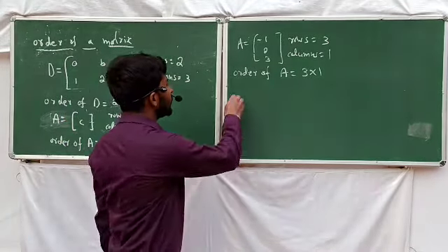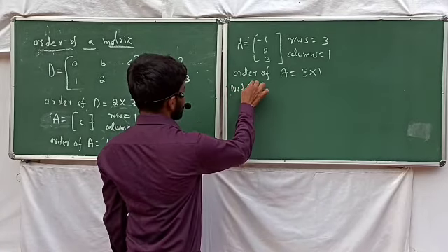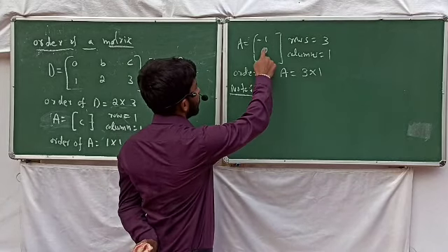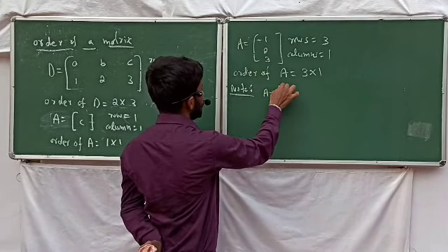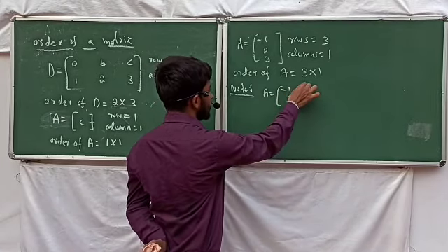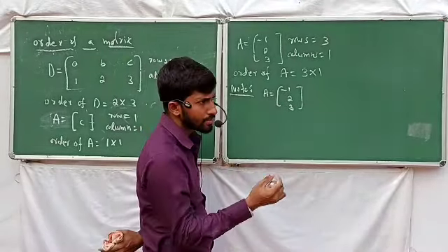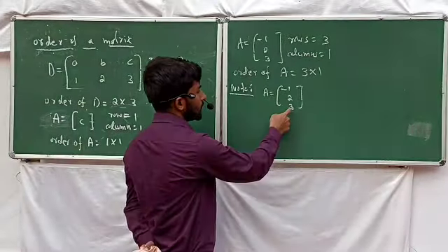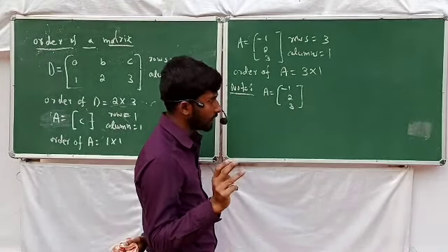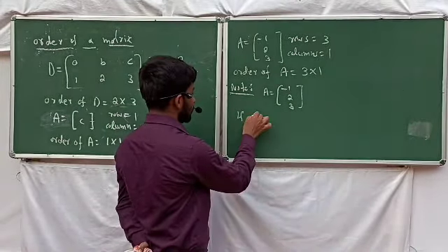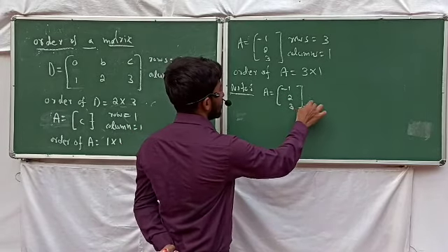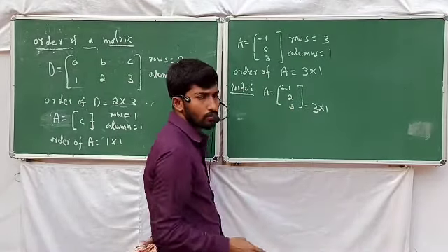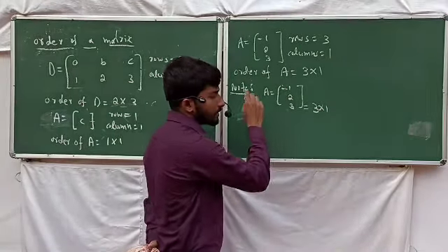Okay. Now one important note. Generally, consider this matrix A is equal to minus 1, 2, 3. How many elements are there? Just count the number of elements. One element is -1, another element is 2, another element is 3. Only 3 elements are there. So if the order of this matrix is 3 by 1, the total number of elements is equal to 3.